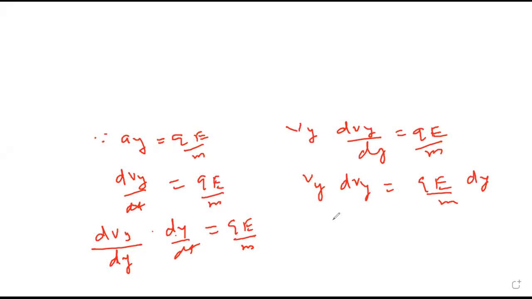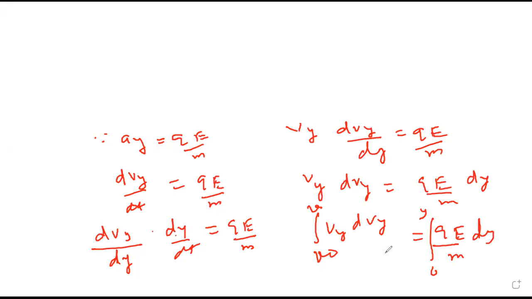Now if we integrate, we get the integration of vy with respect to y. The starting velocity is v0, the final velocity v we have to calculate, equal to qE upon m dy from 0 to y. Write this much.